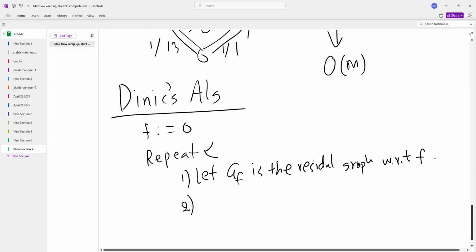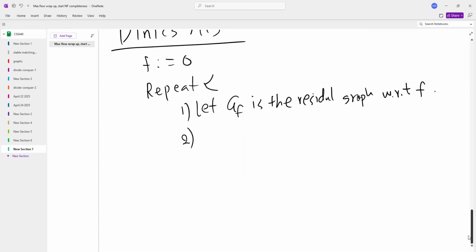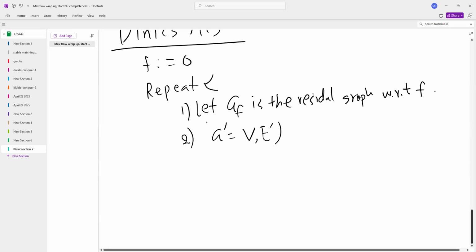Now next is an unintuitive thing that we do here, and this is where we are going to use the shortest paths, the shortest hop paths. We're going to construct another graph called G prime, which is going to have the same number of vertices but a different number of edges.